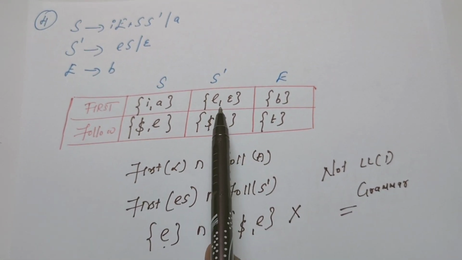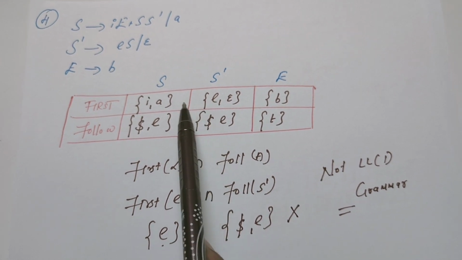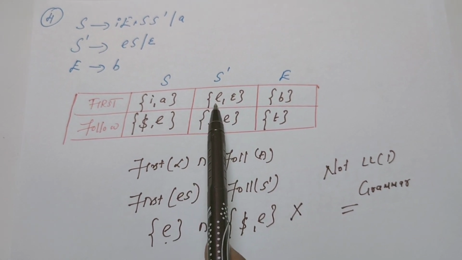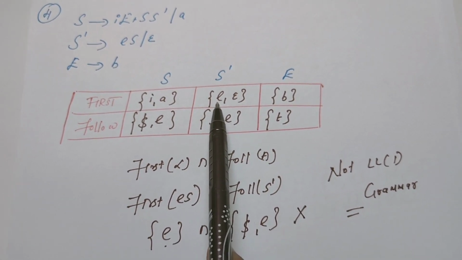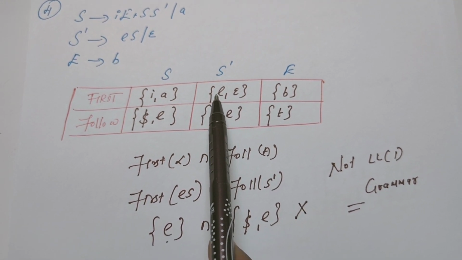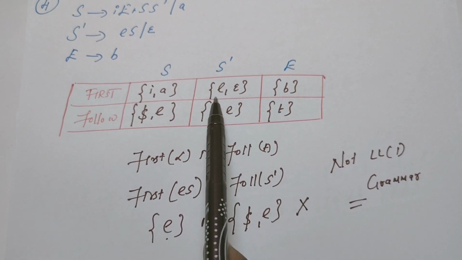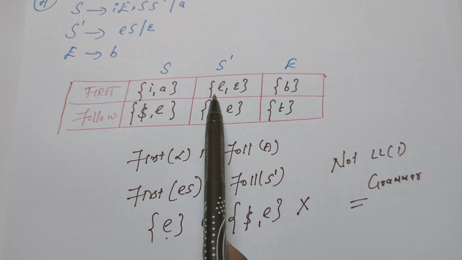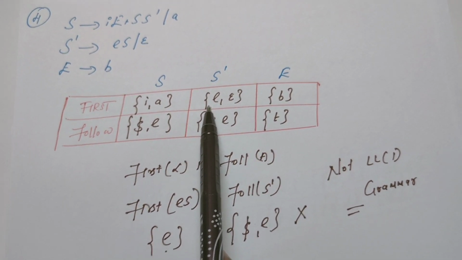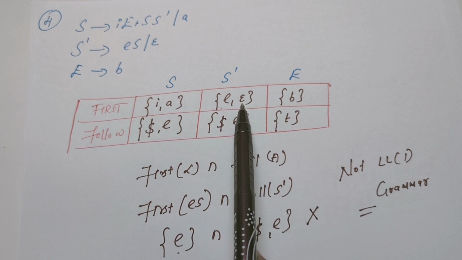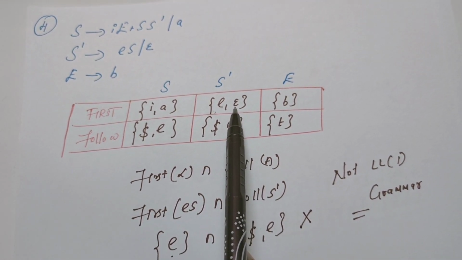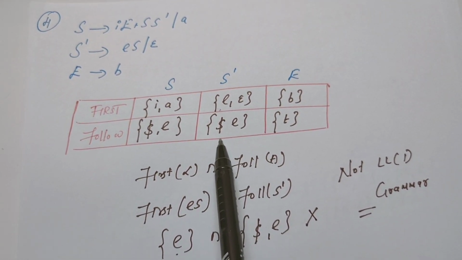See, for example, you take this. First of S dash is E, isn't it? Then against the column E, S dash comma E in the parsing table, we will be writing the rule S dash derives ES. But whenever the first set of S dash contains epsilon, obviously we move on to the follow set.